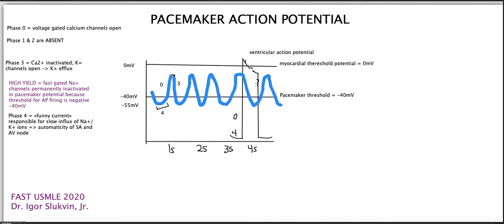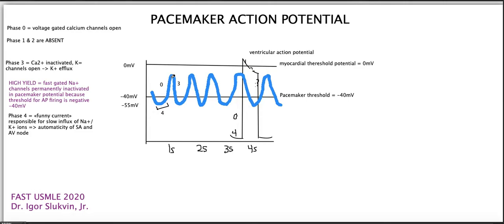But because of the less negative resting potential of these cells, the conduction velocity is slower to send the signal from the AV node to the ventricles. It prolongs the transmission of that conduction signal from the atria to the ventricles.